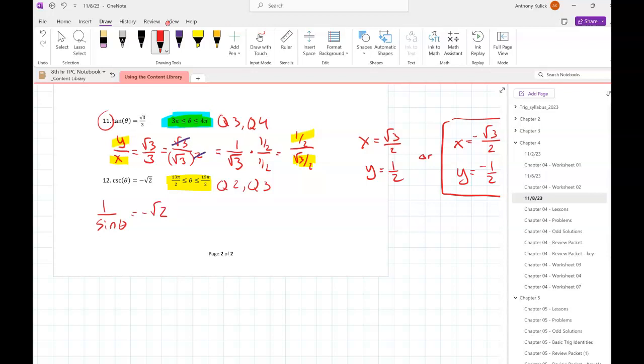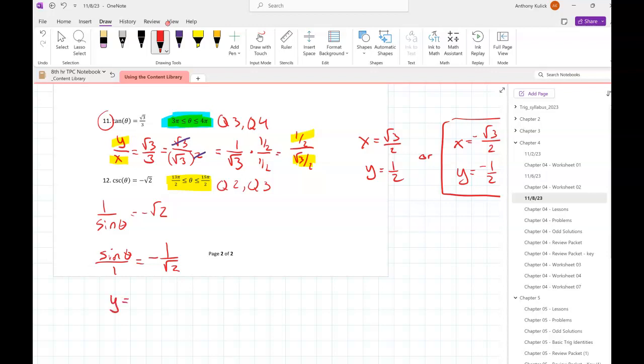So far, so good. Now, to get this to instead of be 1 over sine, I just want to make it regular sine. So what I can do is just flip both sides of the equation. Okay with that?